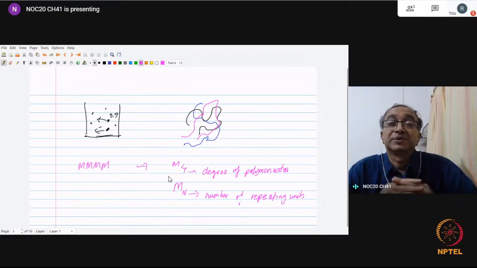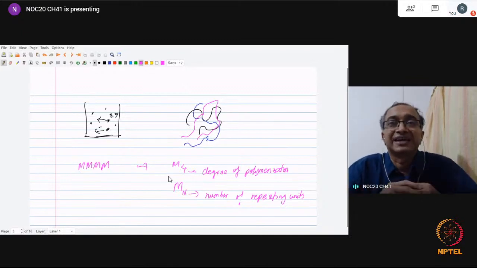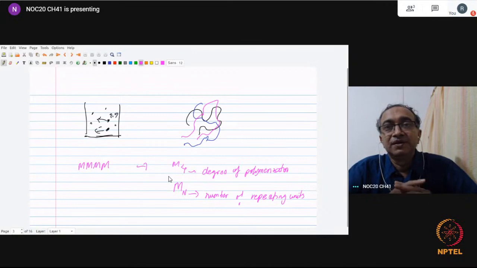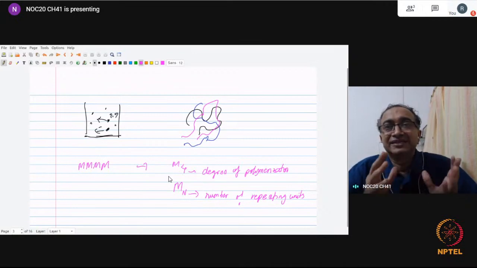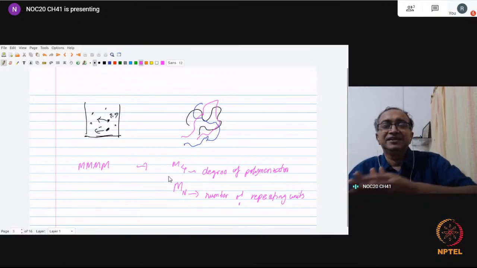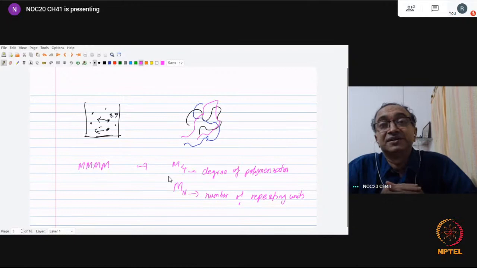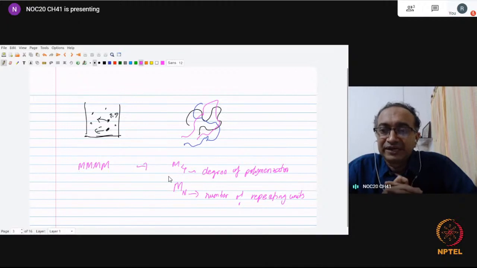But if you have too much branching, then properties again go down because it cannot be crystallized. So linear low density polyethylene is a good combination of HDPE, which is largely linear, and LDPE, which is heavily branched. Yes, ultra high molecular weight polyethylene by Ziegler-Natta or metallocene catalysts is possible.